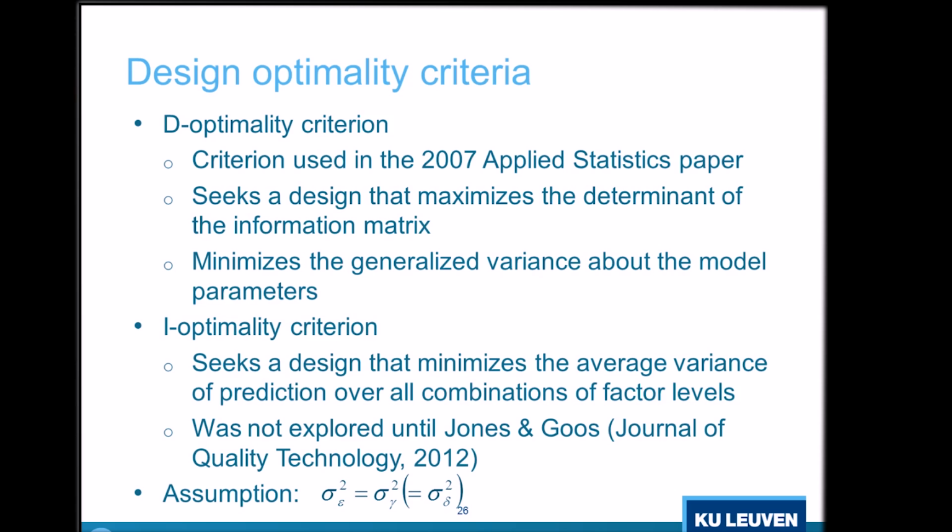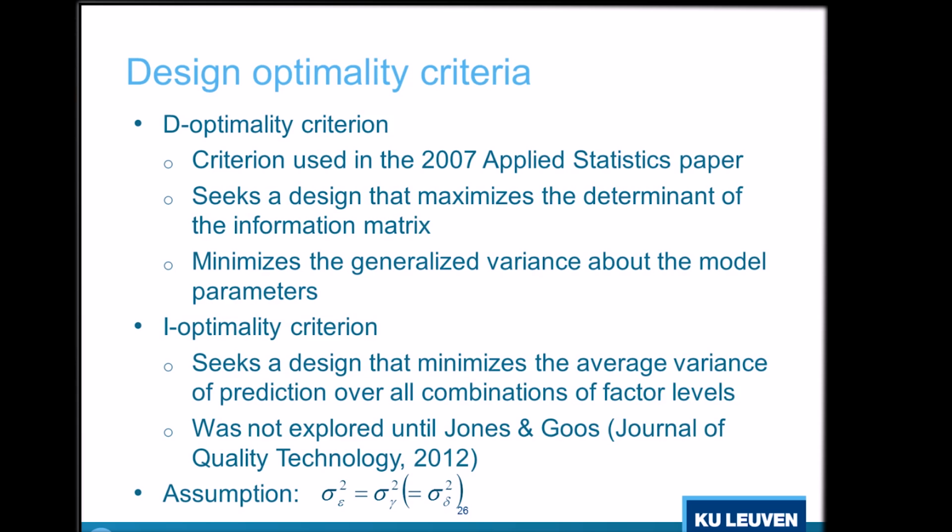In follow-up work, many years later, Brad and I also tried a few other things, and one of the things we did was we also considered the I-optimality criterion to select split plot and split plot designs. The I-optimality criterion has a different focus. That criterion does not focus on the estimation of the model, but it focuses on making predictions with the model.